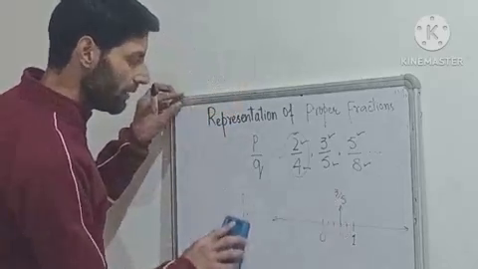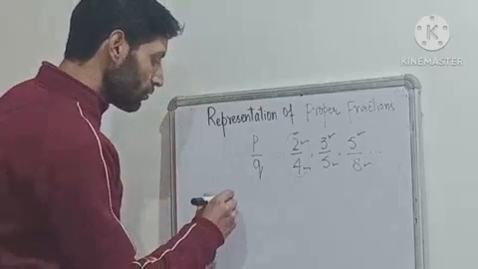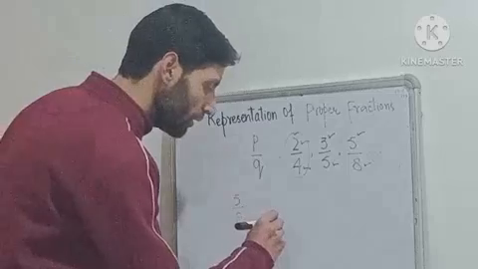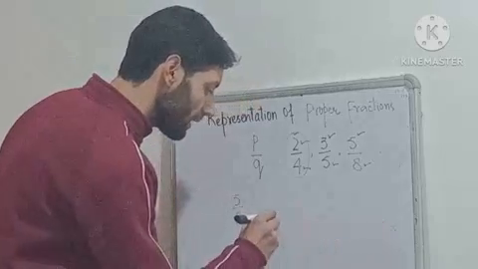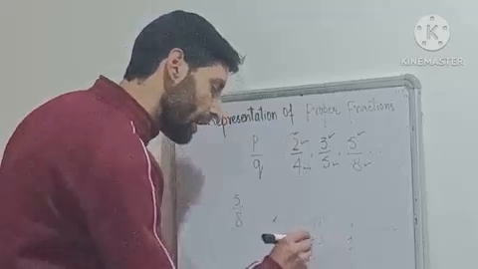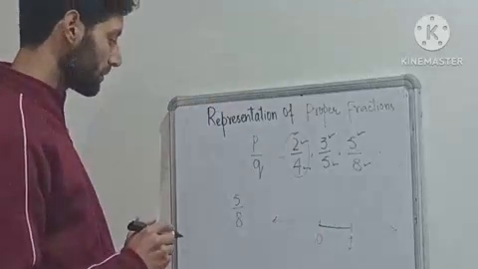इसी तरह अगर हमें 5 by 8 को रिप्रेजेंट करना होगा नंबर लाइन पे तो हम कैसे दिखाएंगे? कौन सा पॉइंट रिप्रेजेंट करेगा 5 by 8 को नंबर लाइन पे? ये नंबर लाइन है, ये 0 है, ये 1 है. हमें प्रॉपर फ्रैक्शंस में सिर्फ ये पार्ट की जरूरत पड़ती है.